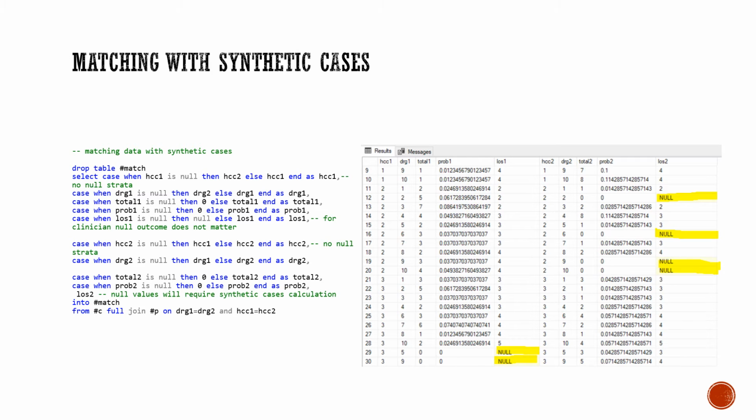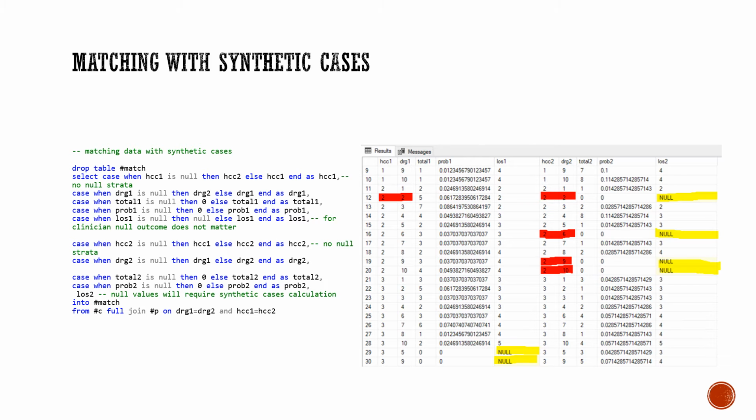So the outcome remained null, but the scoring system is matched now. What was null in the HCC2 and the DRG2 is not null anymore, so I can know exactly which scoring system I'm missing an outcome for. This does not change the outcome because I do not use this for any calculation, just to match the data.